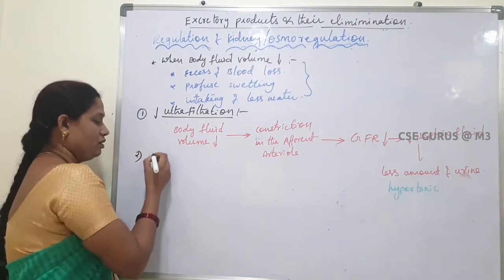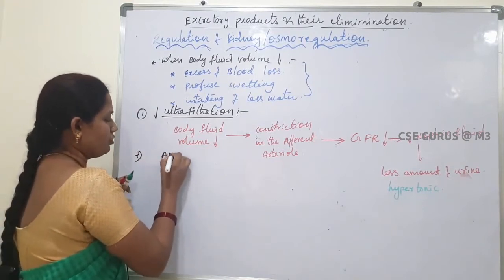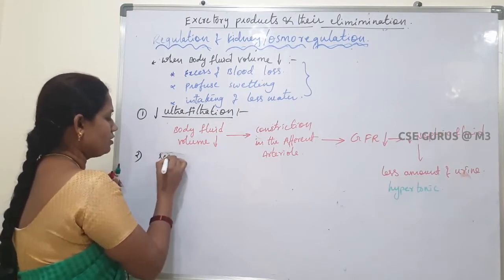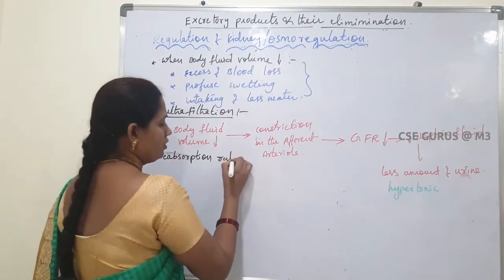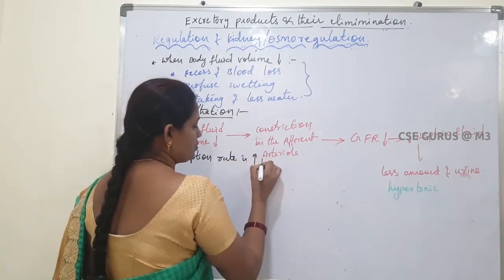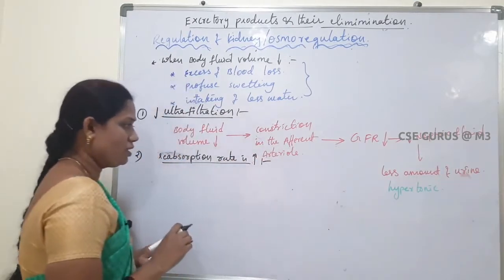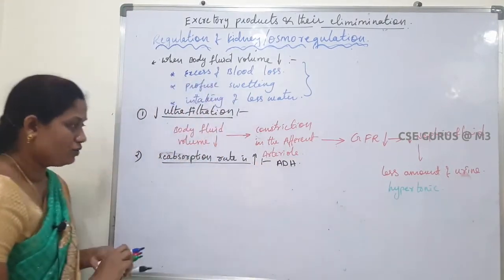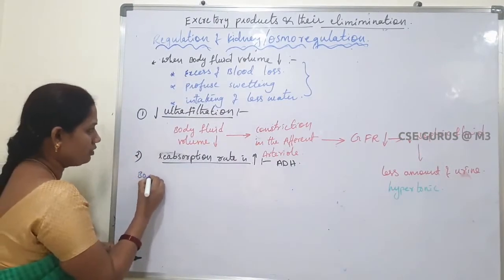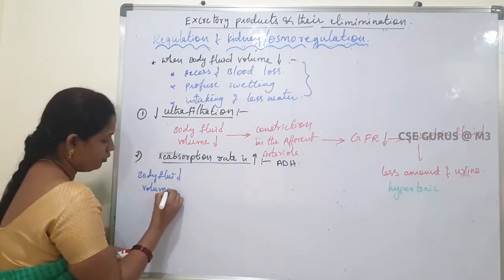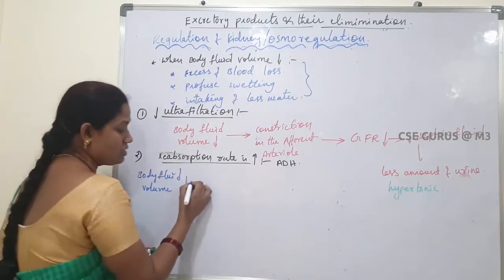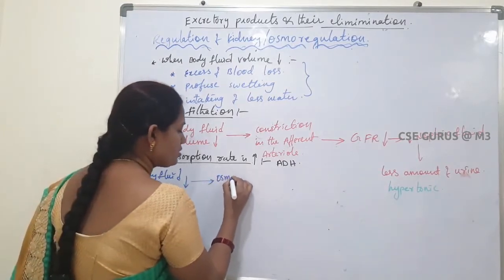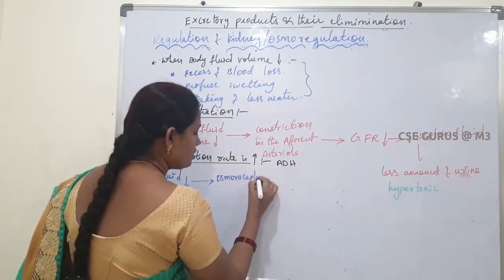Next condition: ADH hormone is increased, so the reabsorption rate is increased. This is the second situation. When the body fluid volume is decreased, this situation is identified by osmoreceptors.